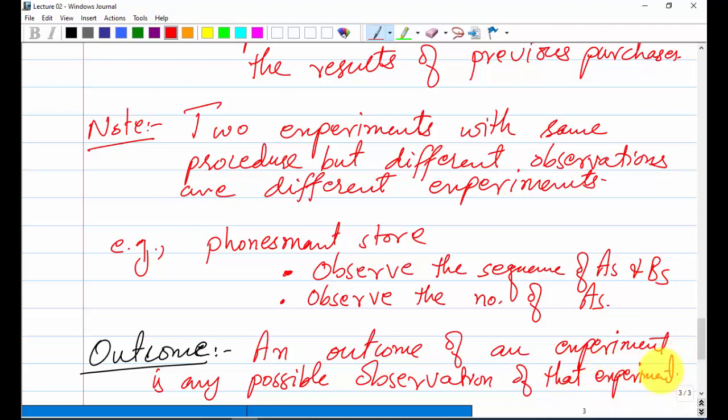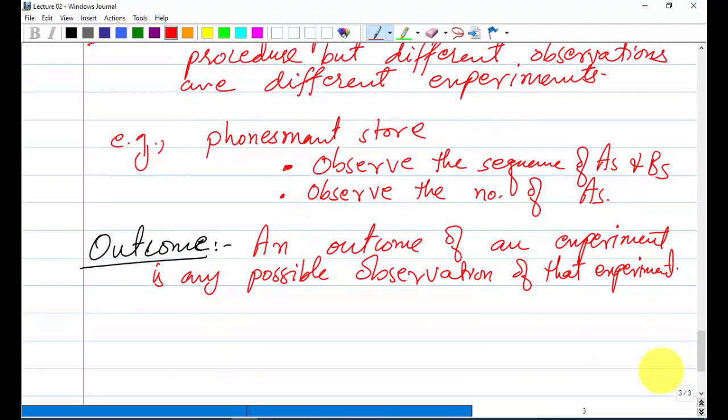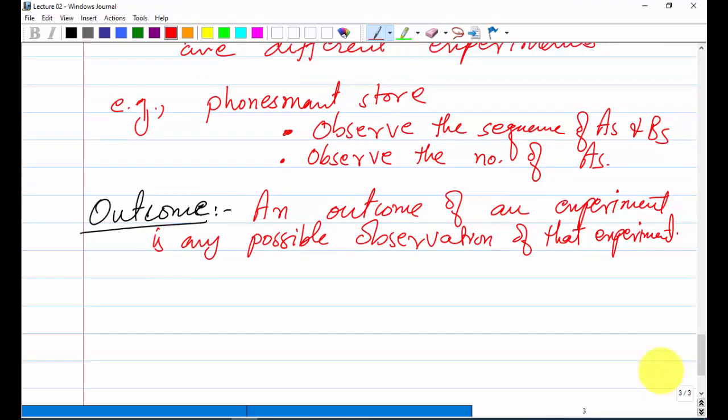So whatever we observe, if we just flip a coin and see whether it is head or tail, and if head comes, we say that is the outcome of our experiment.